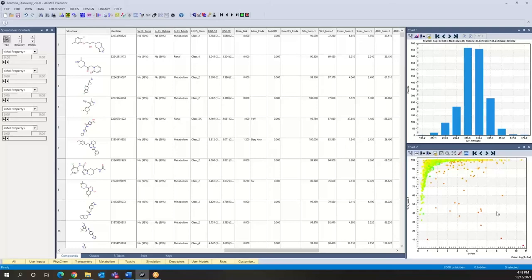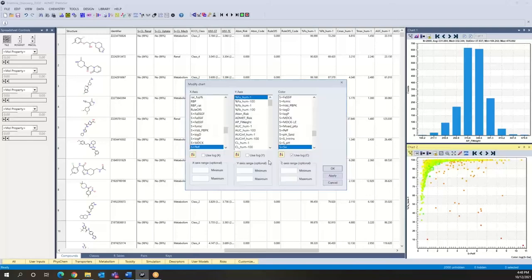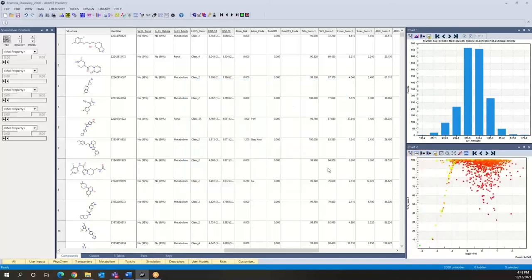And now we can also do the opposite. So we can take percent FA against solubility, and we'll take that on the log scale, and then color by PEF. Okay.